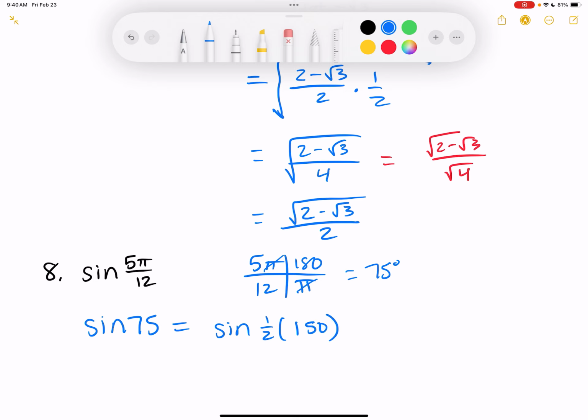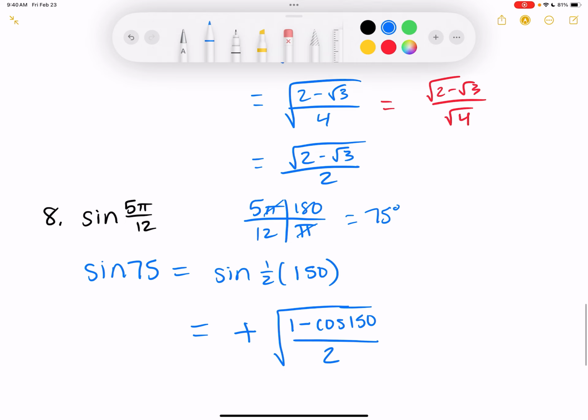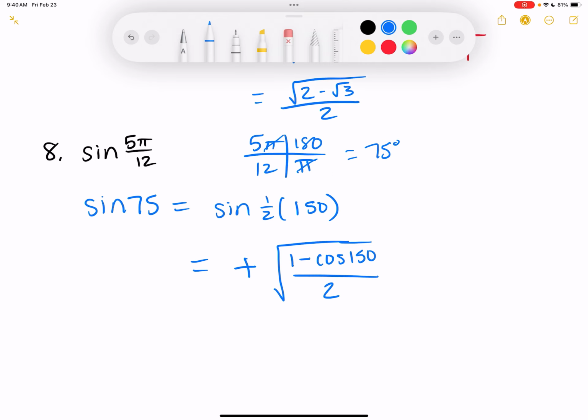Now, is the sine of 75 positive or negative? Positive. Positive, so when I set this up, it's going to be positive square root of 1 minus the cosine of 150 over 2. What's cosine of 150?